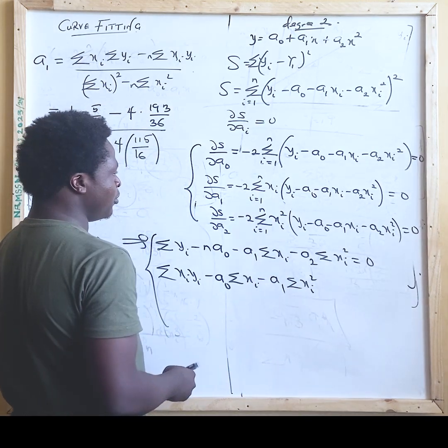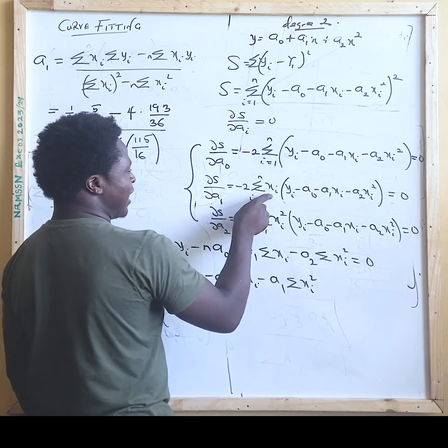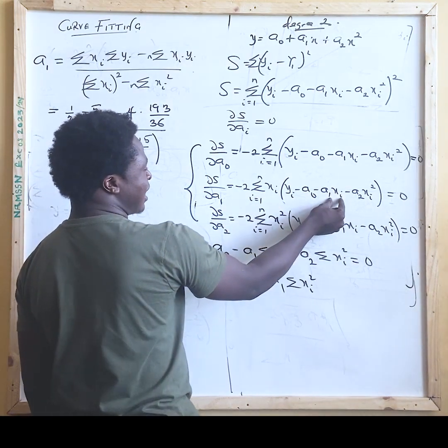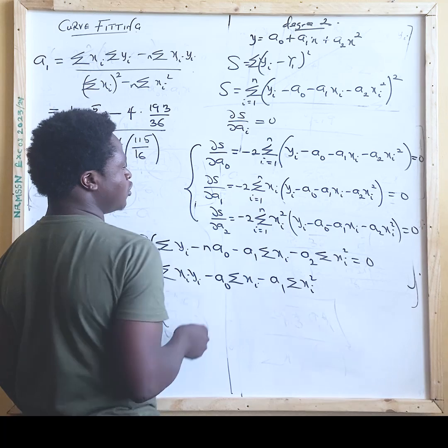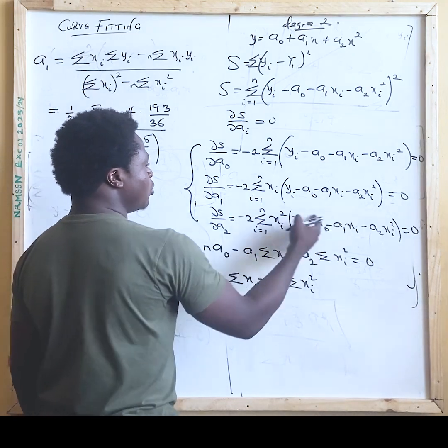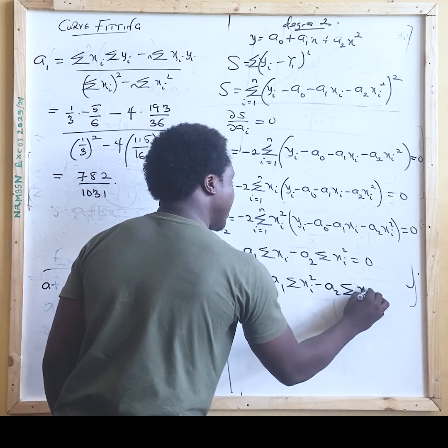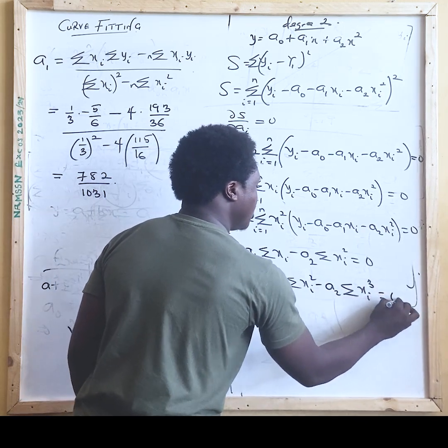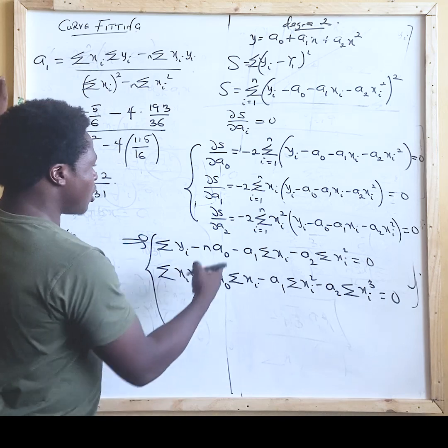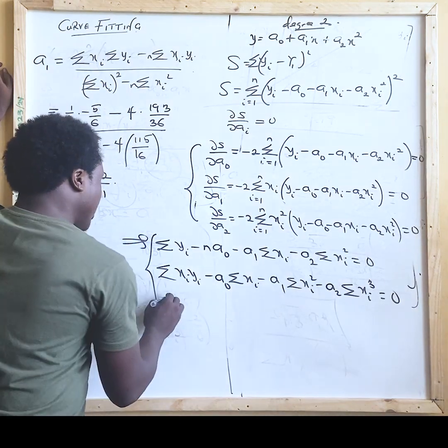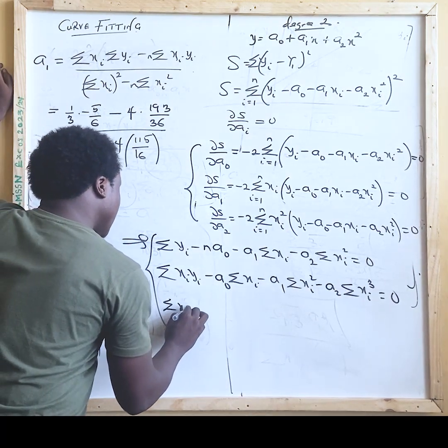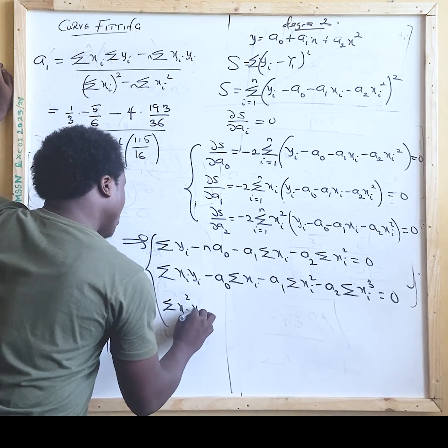Please don't be lost, I'm multiplying xi and xi, that's xi squared. A1 is coming out of the summation sign. And the last one will be minus a2 summation xi cubed, everything equal to 0. Coming to the last one, we have summation xi squared yi.